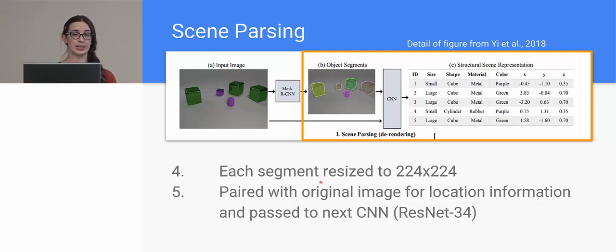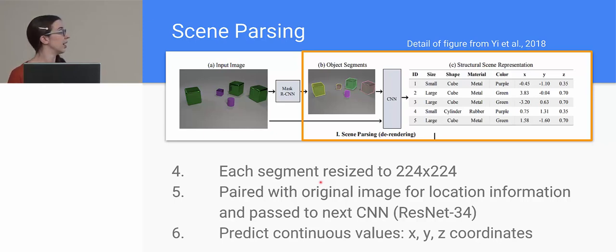It's because what we're trying to do in this last step is figure out those x, y, and z coordinates. So in order for our network to be able to understand where that segment is, we need to pair it with the original input image. And the network that we pass it to is a ResNet 34. And then finally, we predict those continuous values.